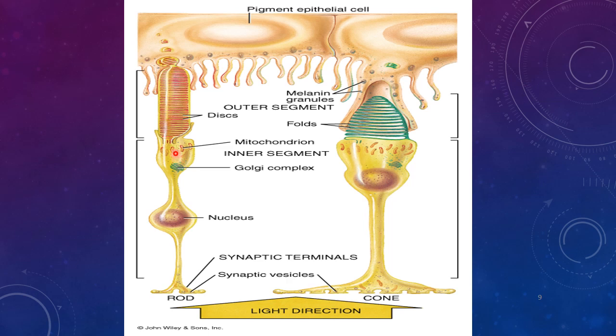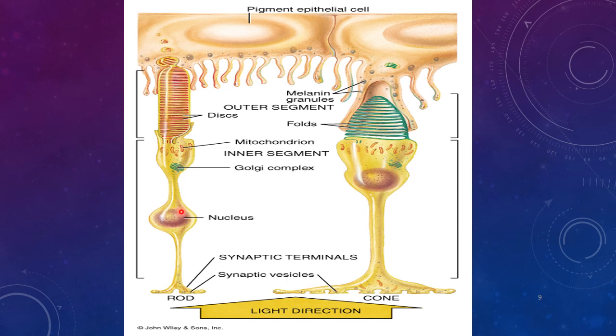The inner segment of the rod, as you can see here, is the site of metabolic activity. Here proteins and phospholipids are synthesized for energy production. So here you can appreciate the Golgi apparatus, the mitochondria, the smooth endoplasmic reticulum, rough endoplasmic reticulum, as well as the glycogen granules. The proteins and phospholipids are synthesized in this inner segment, and then they are passed through that connecting stalk to the outer segment of these rods into these membranous discs.